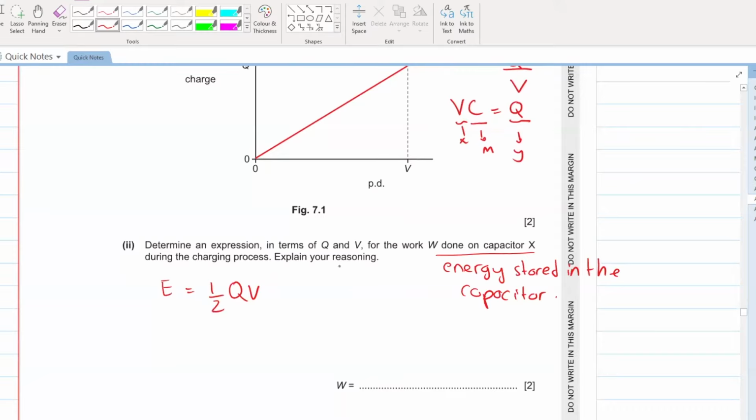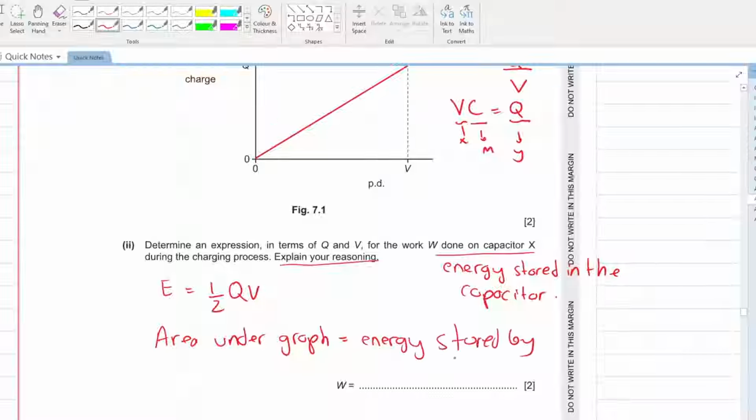And you have to explain your reasoning. So, what will you say? The area under the graph is equal to the energy stored by the capacitor. Simple as that, nothing complicated.